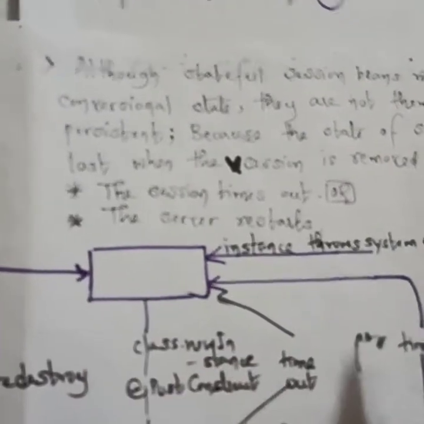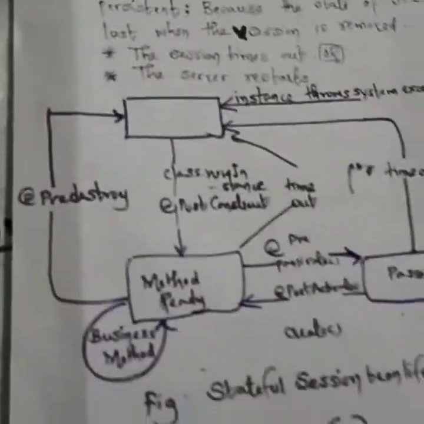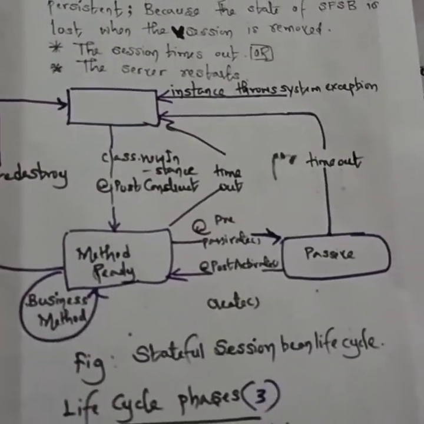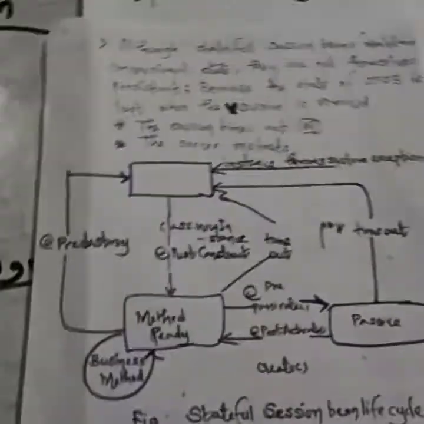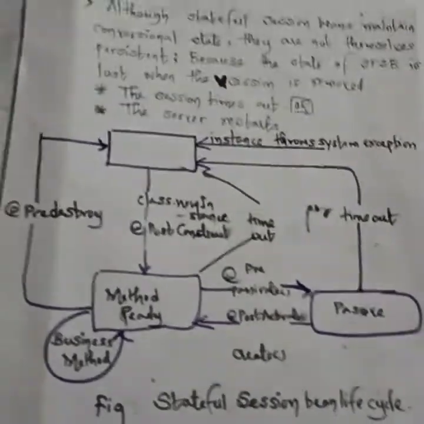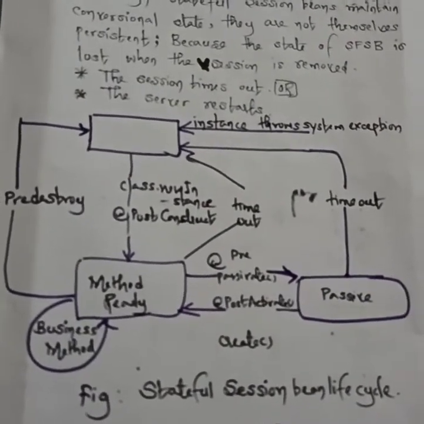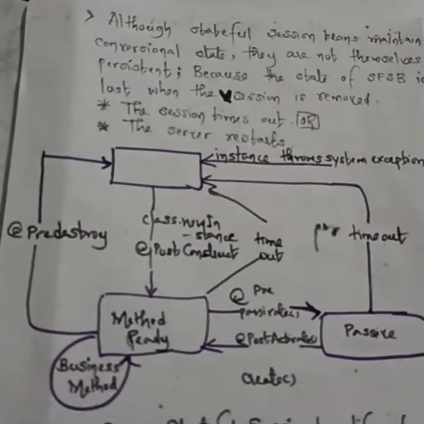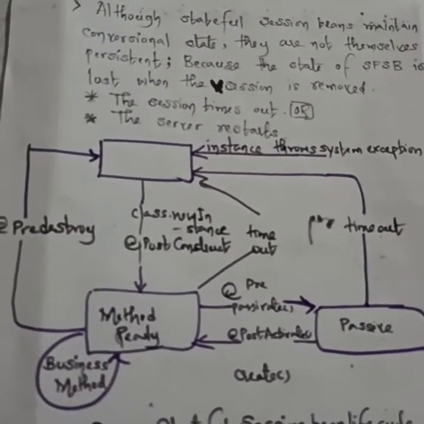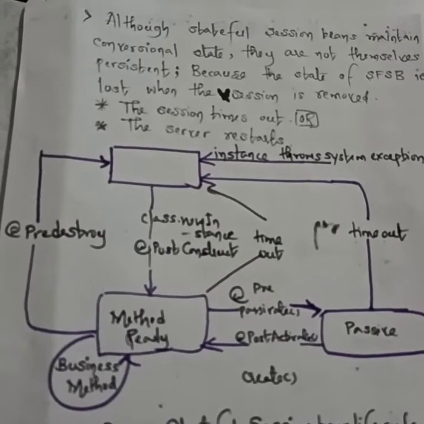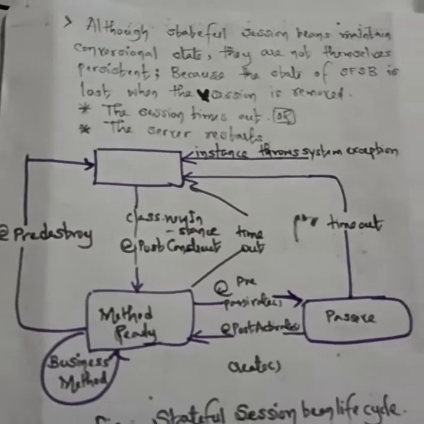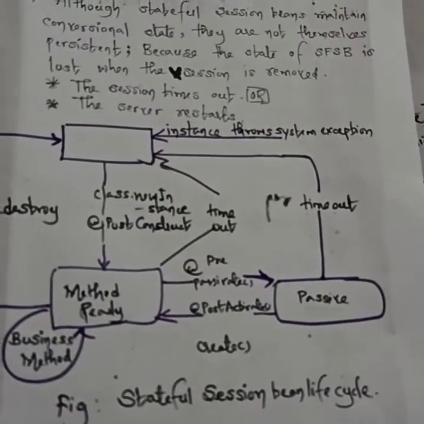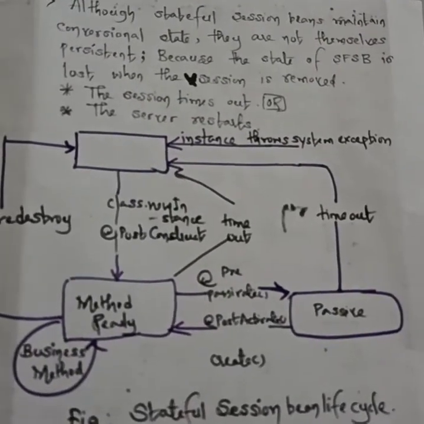And then when the server restarts. The analogy is when we restart our computer, our iPads, our mobiles or other handheld devices, the programs that were running previously are lost. In the case of the server also, the scenario is the same.